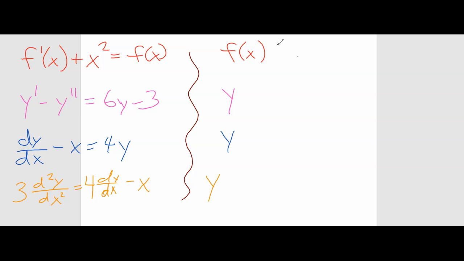The point being, solutions to differential equations are just the original function. You'll see that you could have an infinite number of solutions. This gets into taking an antiderivative. If I take an antiderivative of 4x, my solution there is 2x squared plus c, where that c could be any constant.